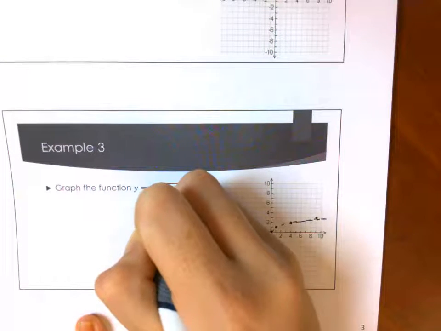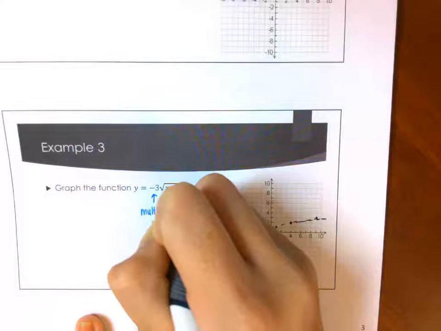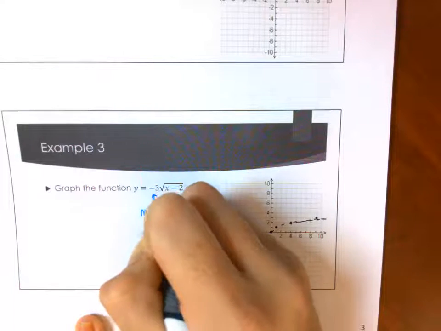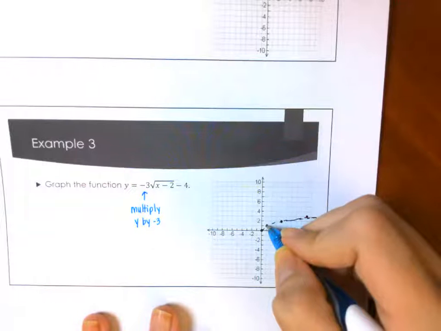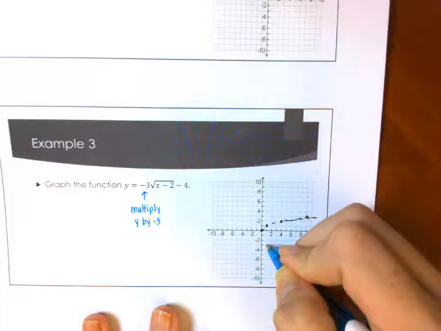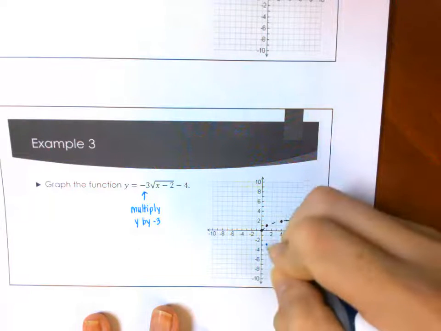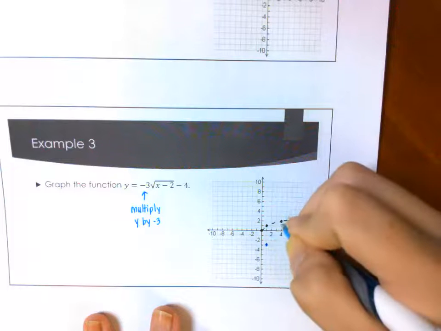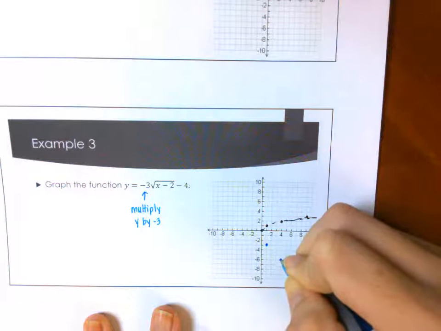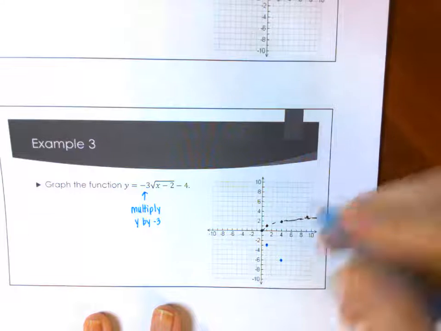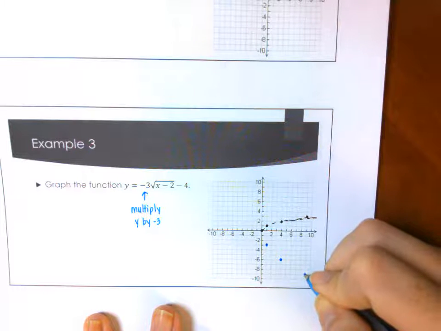Let me make a note here. If I do 1 times -3, I get -3. If I do 2 times -3, I get -6. And if I do 3 times -3, I get -9.